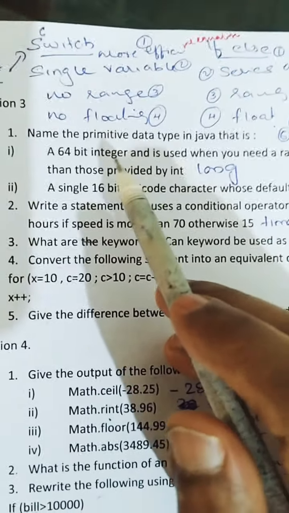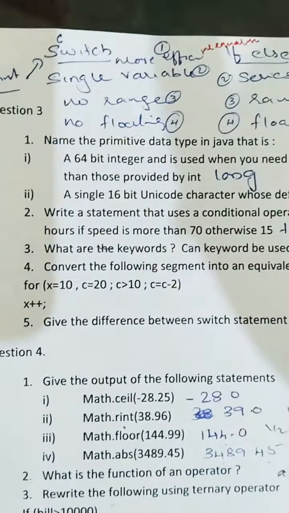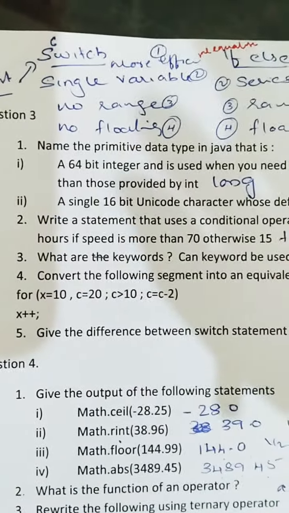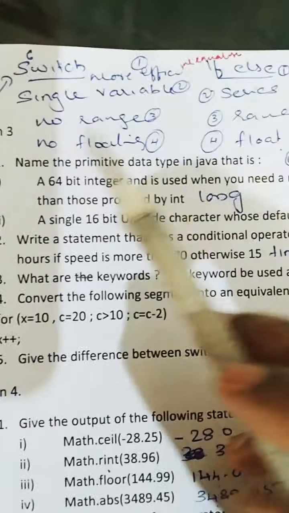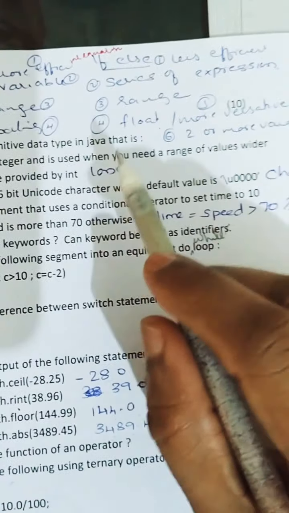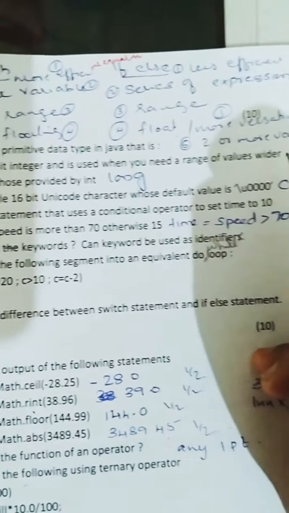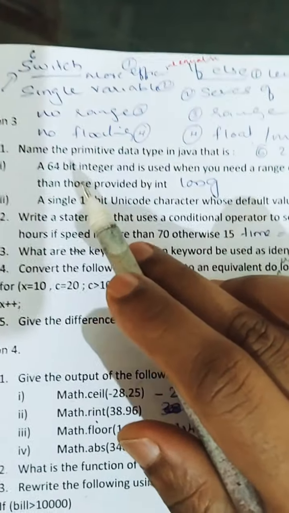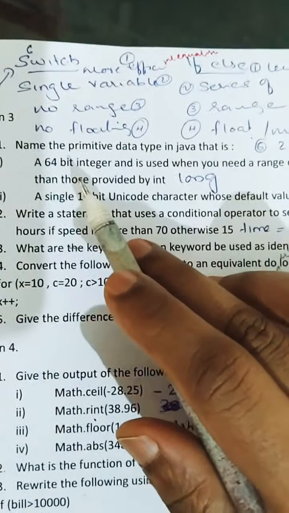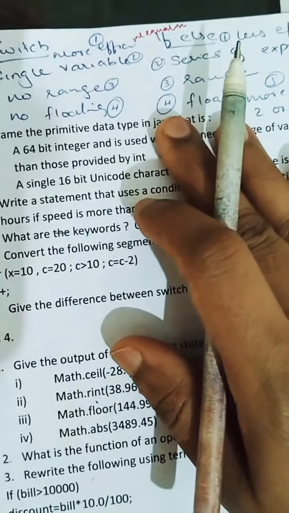Listen, it is an integer, but when you see integer, don't write int. They ask for the primitive data type, a 64-bit integer, used when you need a range of values wider than those provided by int. So it is an int, but its size is larger than int.